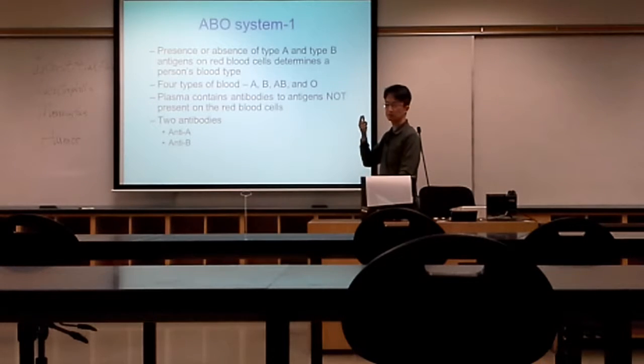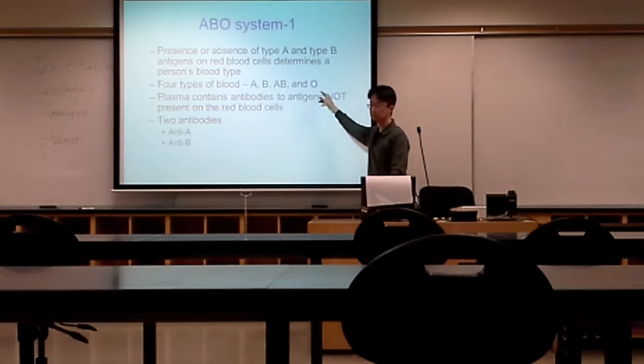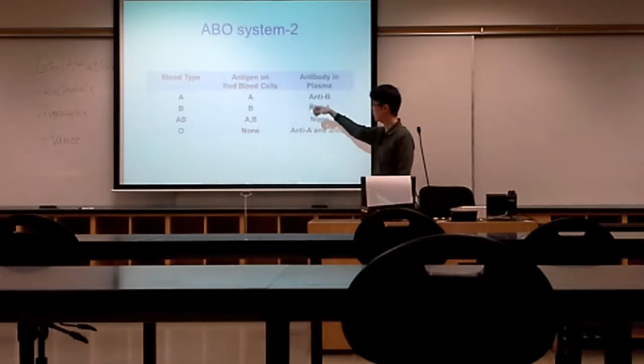If your blood is type B, then you have antibody A in your plasma. If you are type AB, then you have no antibody in your blood plasma. If you are type O, then you have both antibody A and antibody B in your plasma. So it is this table. We talk about this in genetics.